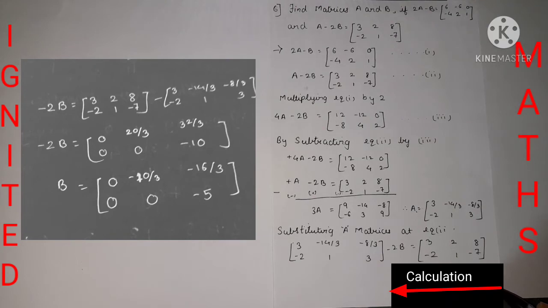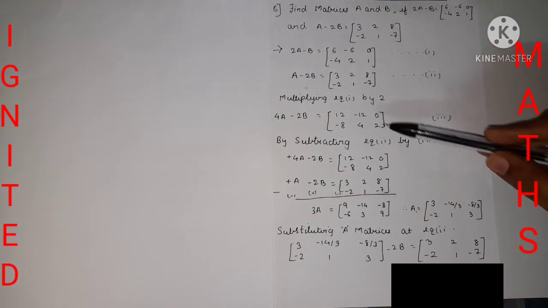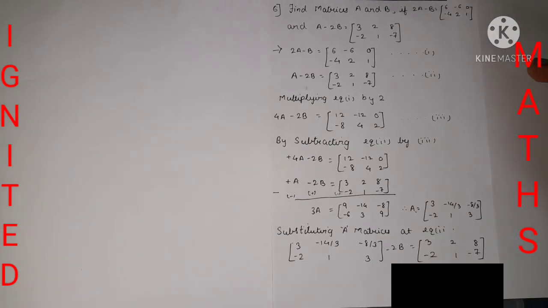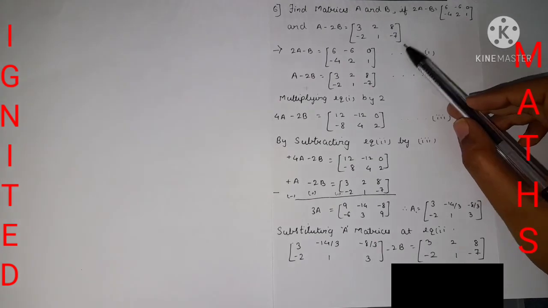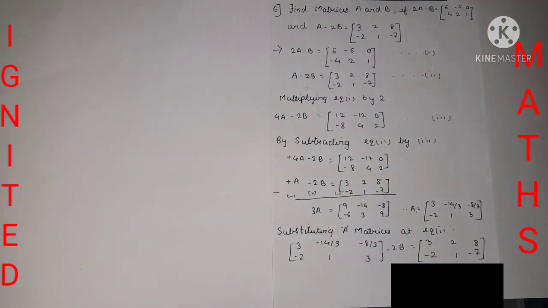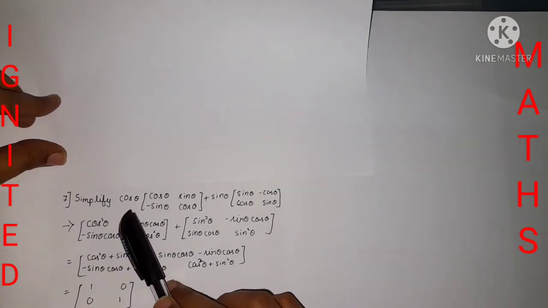And for each and every step you can see the order is absolutely the same over here, over here, over here. Because if we are getting a matrix of 2 cross 3, for example, which is given, after doing the addition, subtraction or multiplication also, you will get the same order.